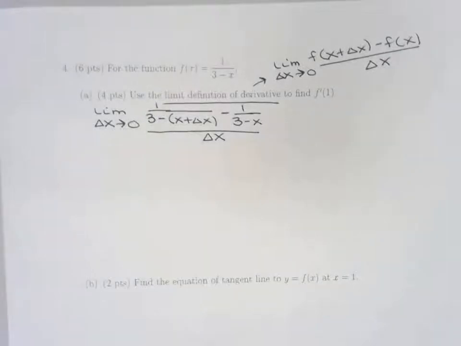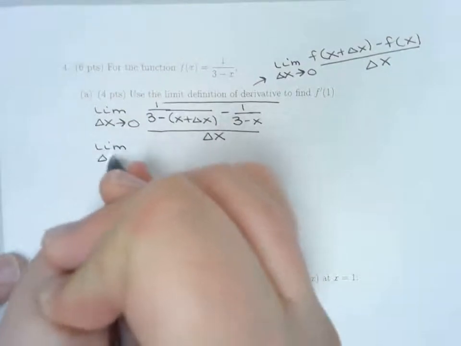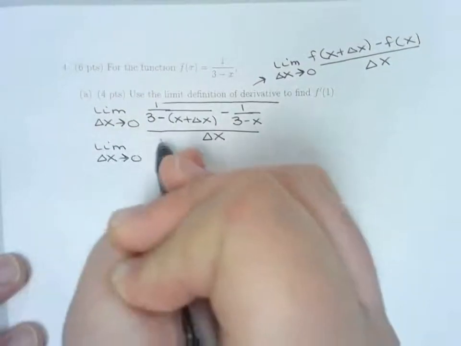Our goal with these limit definitions is always the same. I want to be able to take the limit and plug in 0 for delta x. So eventually I'm going to have to cancel out the delta x in the denominator. As I look at this, I could have done this all in that first step.